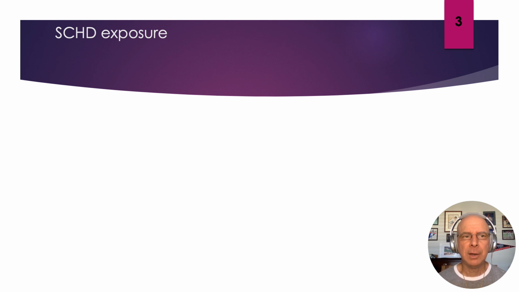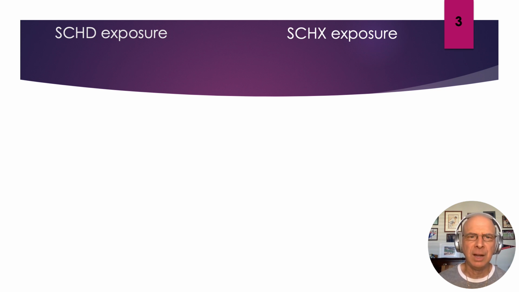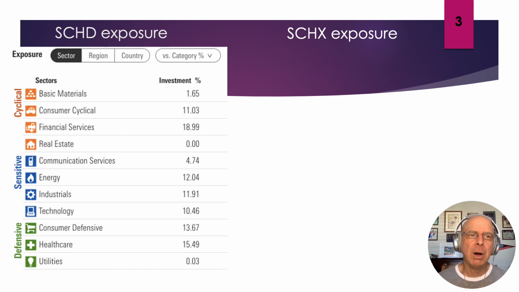So let's look at the exposures of SCHD and then followed by the exposure of SCHX. There are 11 different sectors broken up into cyclical, sensitive, and defensive stocks or ETFs. In this case, SCHD's exposure does not include real estate or utilities.